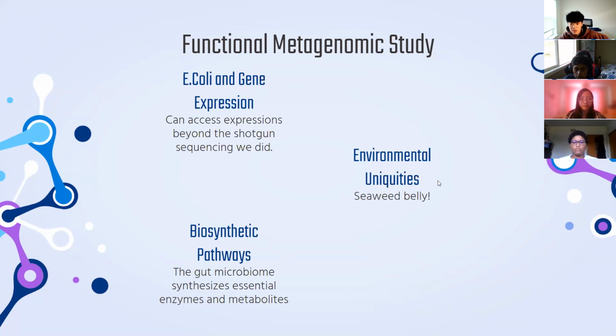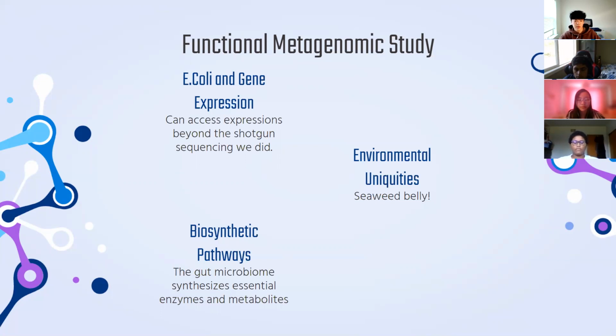And finally, and I think the most important application, is the discovery of biosynthetic pathways. A lot of the microbes in our belly are also responsible for providing essential enzymes and metabolites to our daily function.